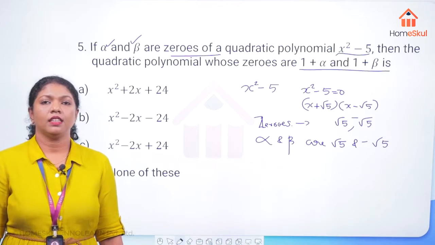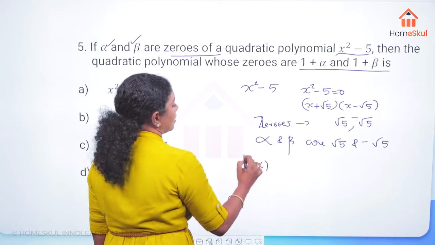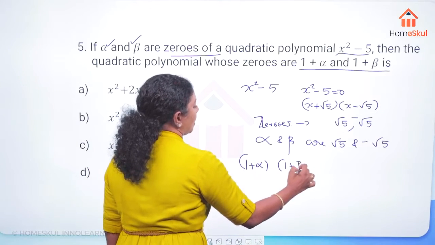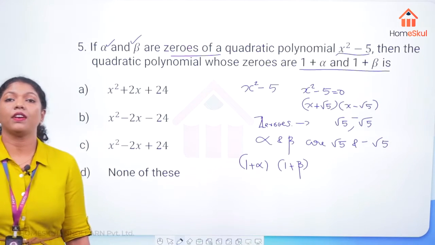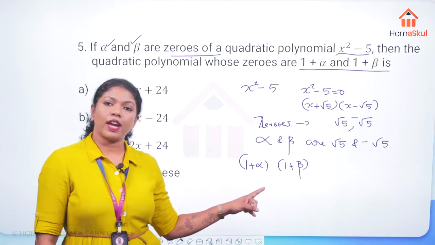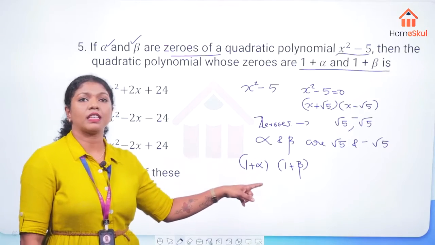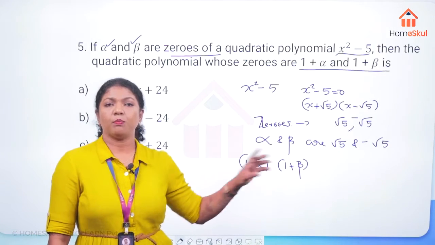Now what do we need? What is 1 plus alpha and 1 plus beta? That means we need to find a polynomial whose roots will be 1 plus alpha and 1 plus beta.